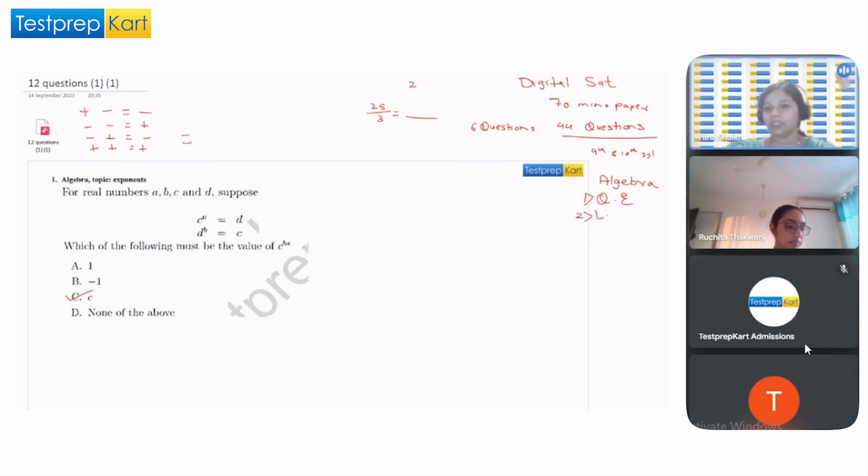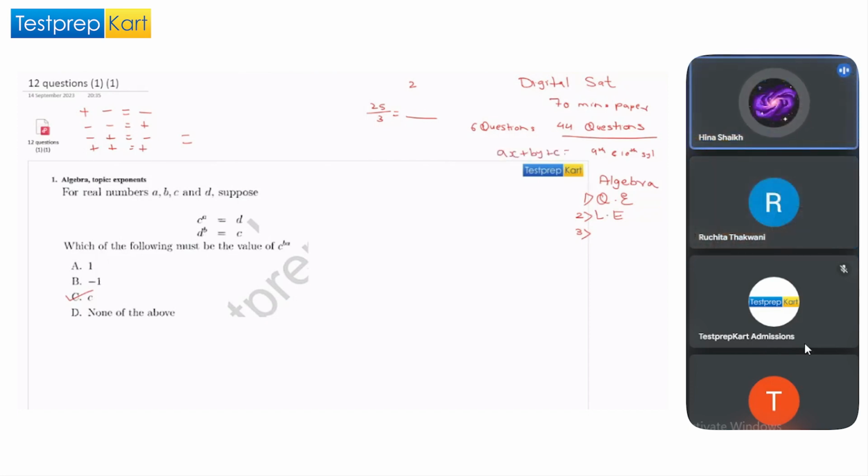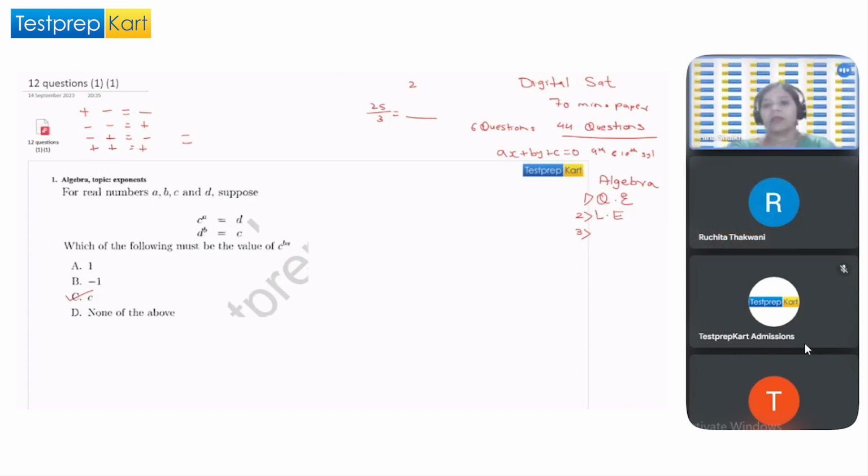Then linear equations. The equation is y equals mx plus c, or the general form ax plus by plus c equals 0.